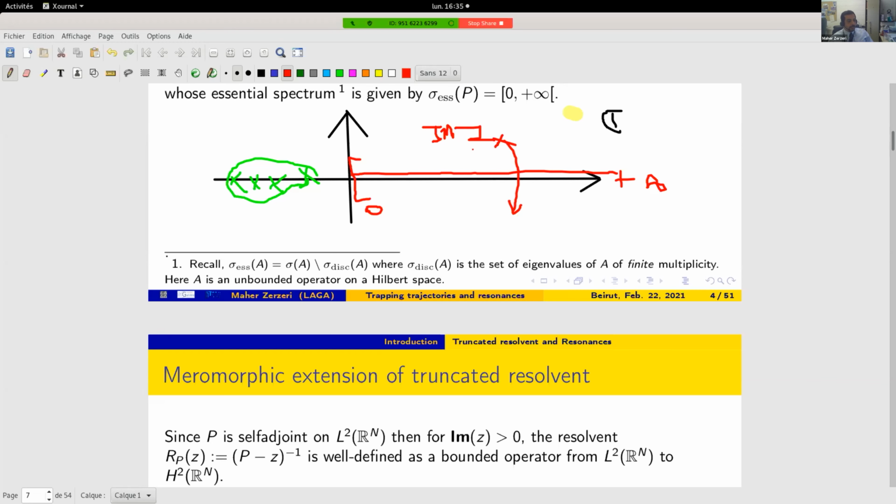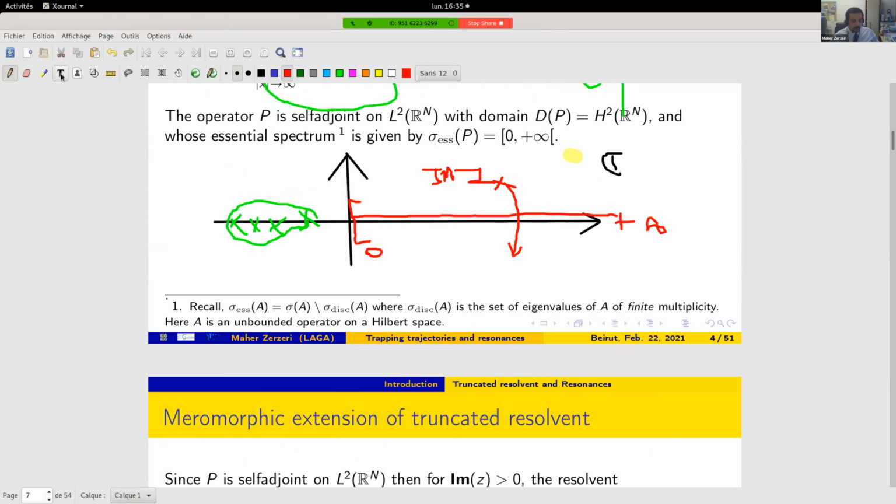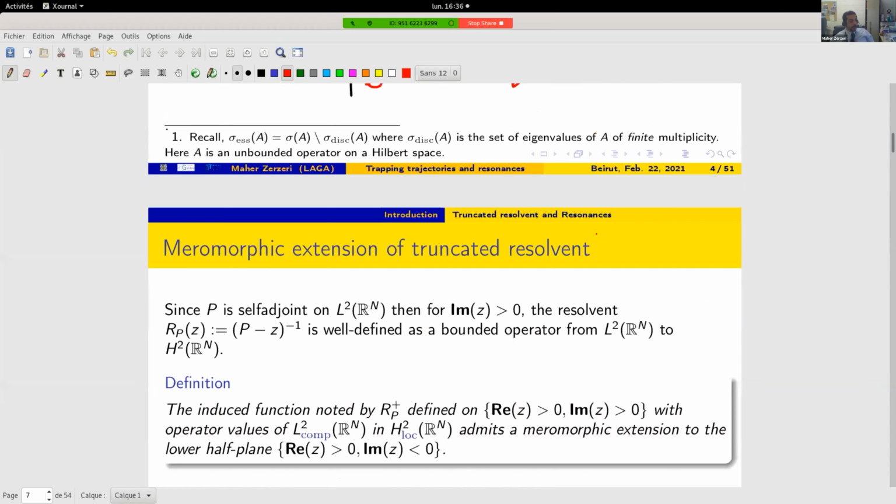But if you consider this resolvent, (P minus z) to the minus 1, and truncate it on both sides, we can cross the essential spectrum, and we have a theorem and a definition.